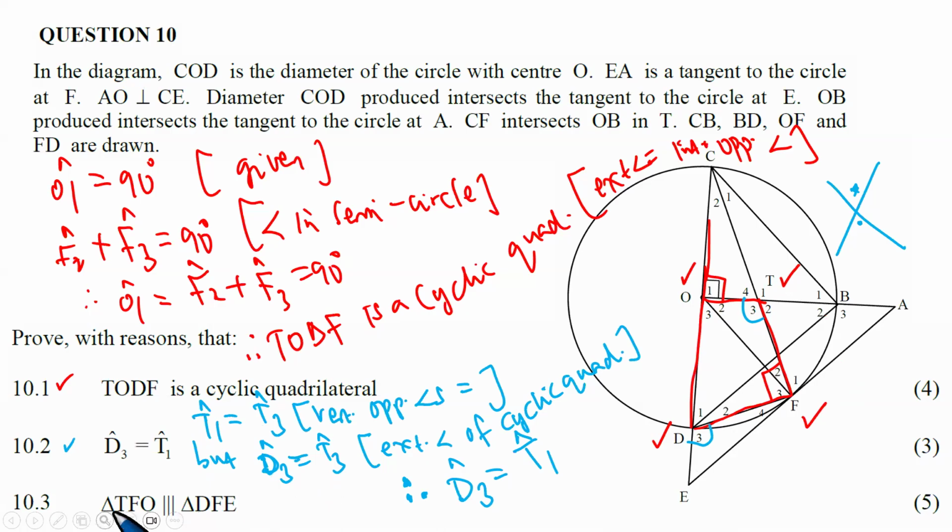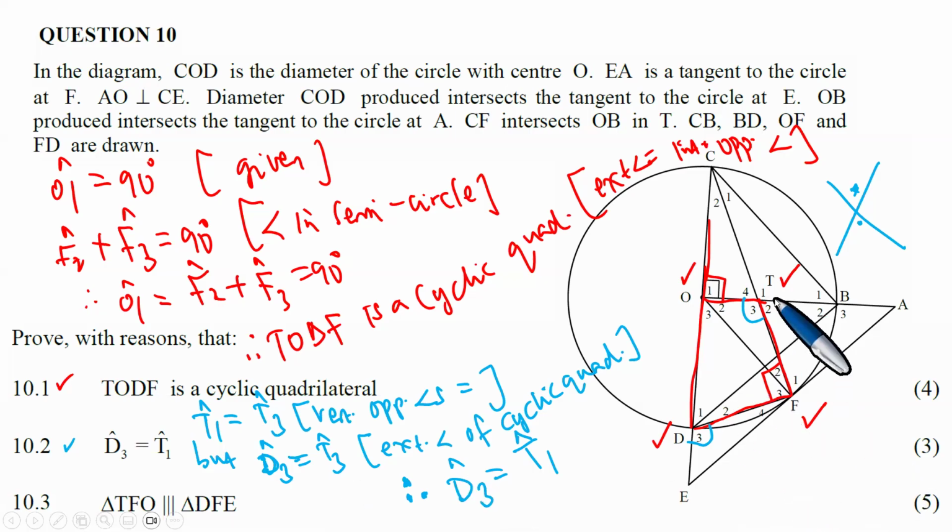So now you need to show that the triangle TFO is similar to the triangle DFE. So the triangle TFO is similar to the triangle what?